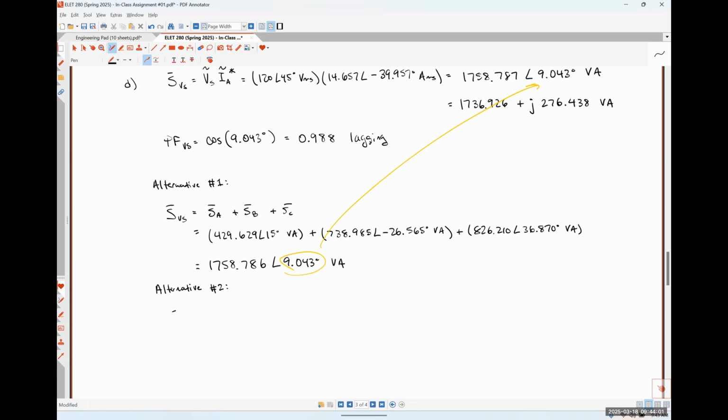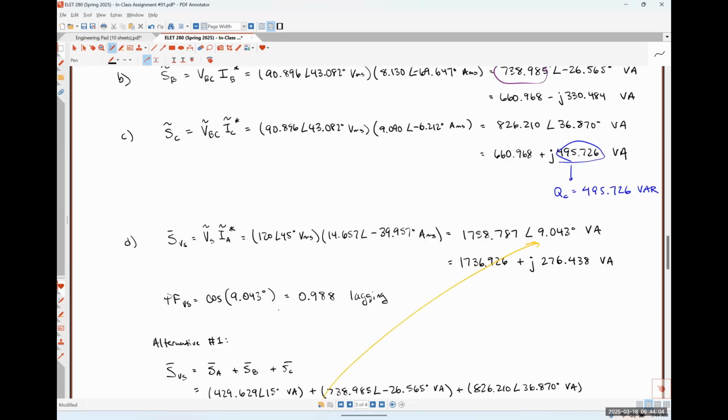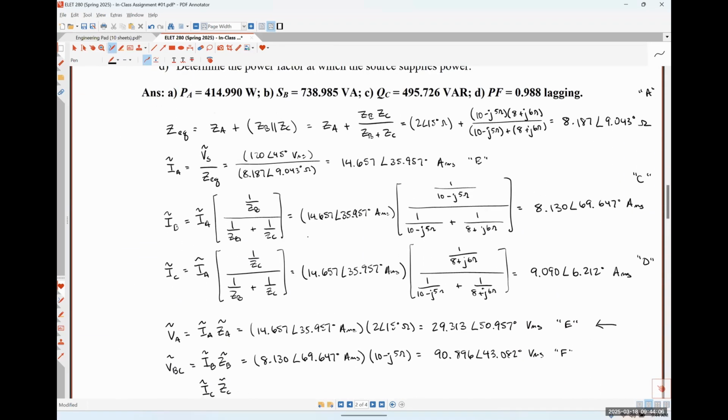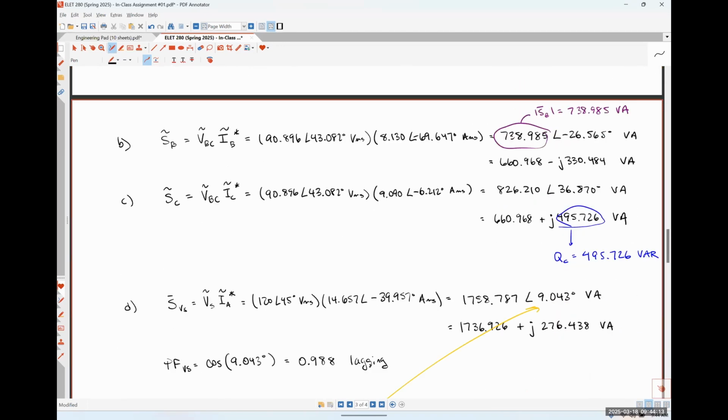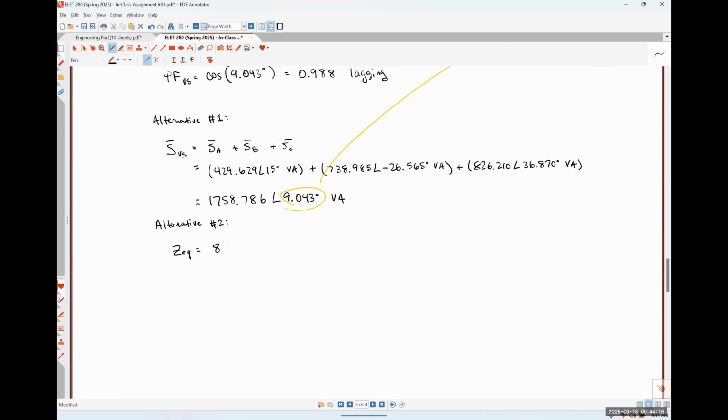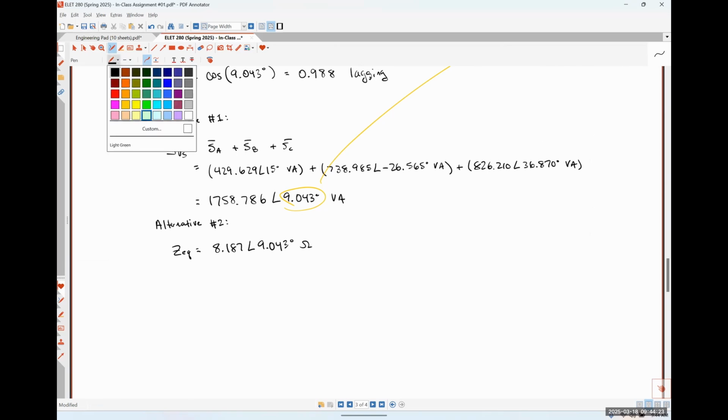So if we go back up to having ZEQ was 8.187 angle 9.043 degrees, taking the cosine of that equivalent impedance angle would also have gotten us the exact same power factor. Okay. So all of these things are related to each other.